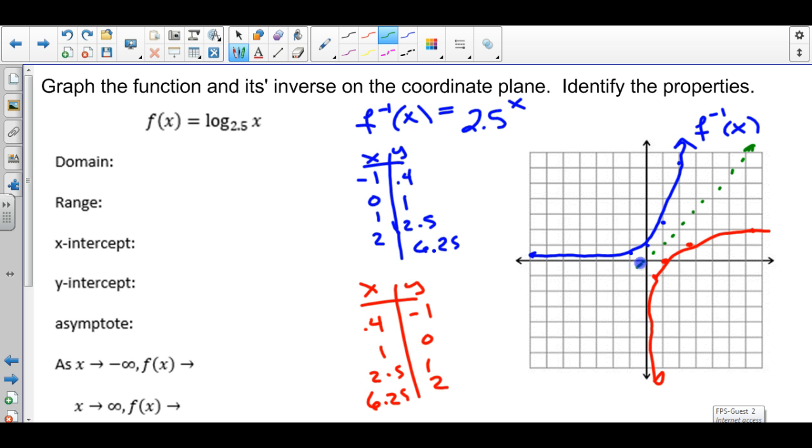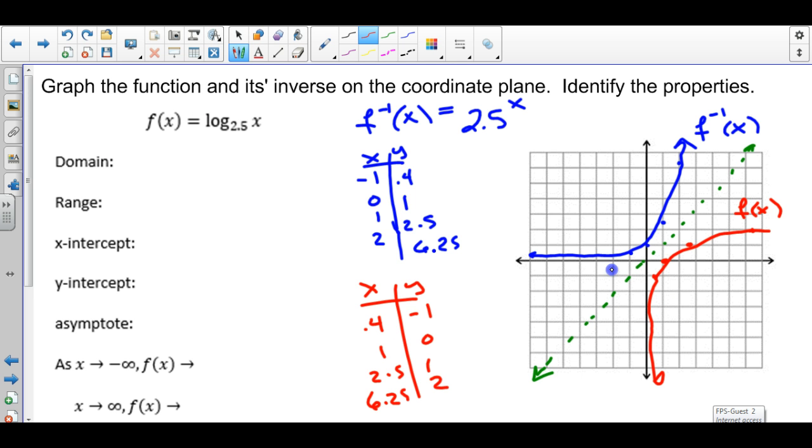So this is the line y equals x. Basically, if you were to draw this on a piece of paper and just fold it over, you would see that the inverse really is just a reflection over that green line. So the one that's in red is my function f of x, and the one that's in blue is f inverse of x. So I'm going to list all the properties, and I'm going to do it for the function that's in red. So we're going to do it for just the function f of x.